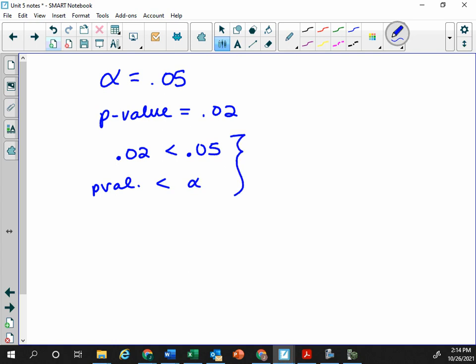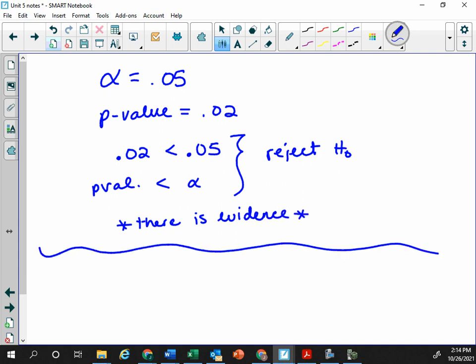When that is the case, that is when you reject the null. This means there is evidence. Jot that one down, and then I'll write it the other way too, just so you've got it. I know it's a new concept that you're trying to understand there.